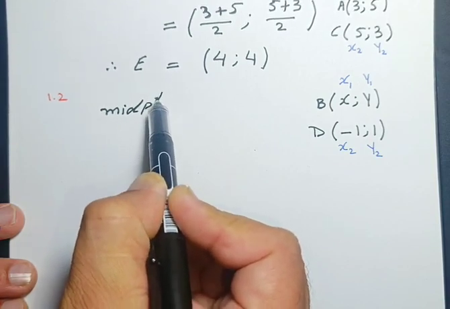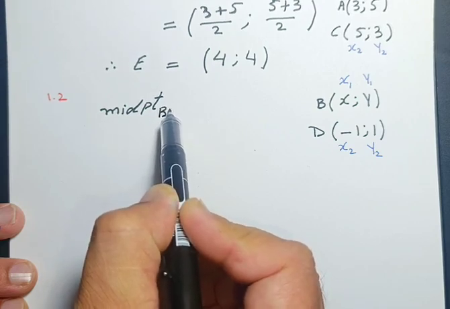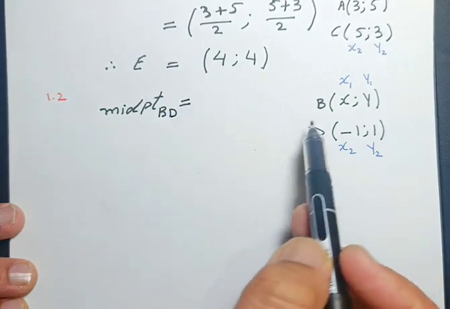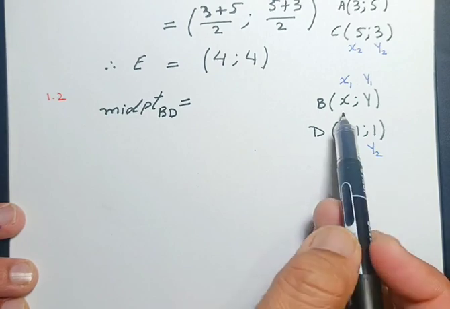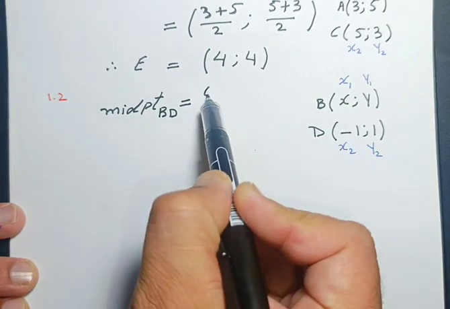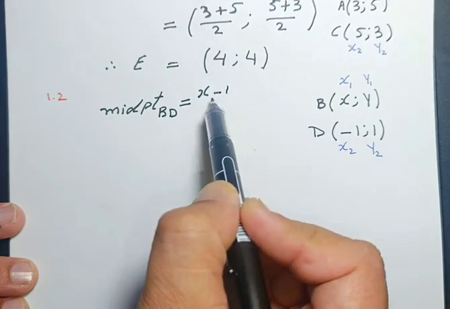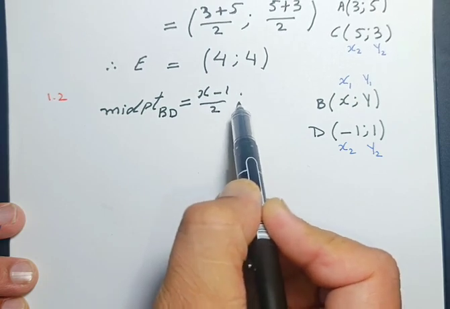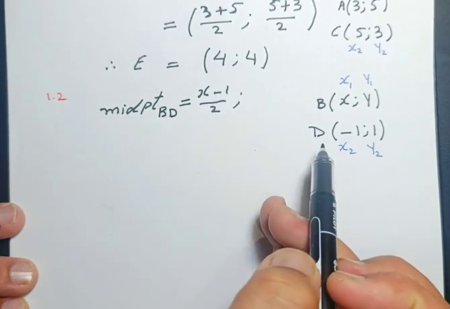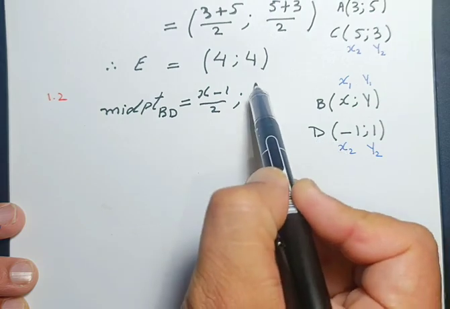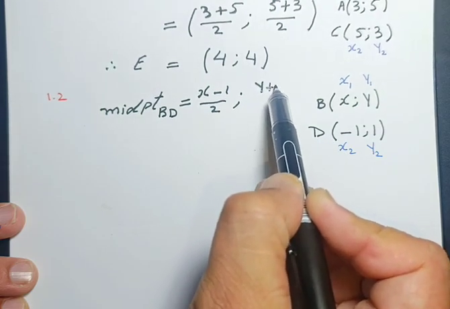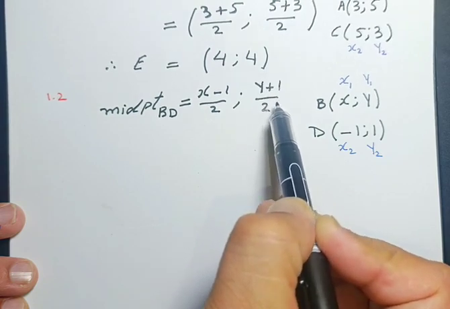Have a look. The midpoint of BD: x1 plus x2, so we get x minus 1 over 2, and on the other side y1 plus y2, so we get y plus 1 over 2.